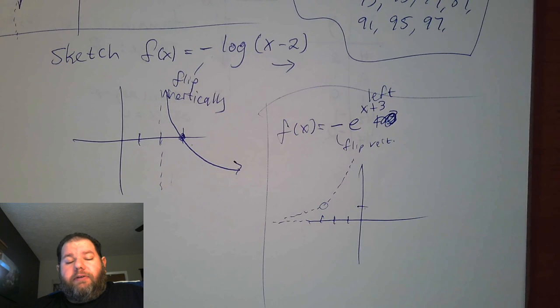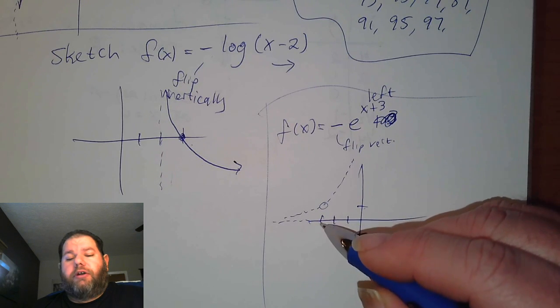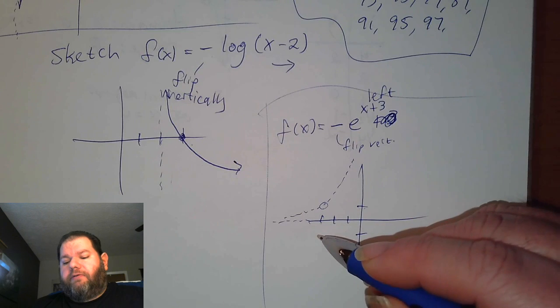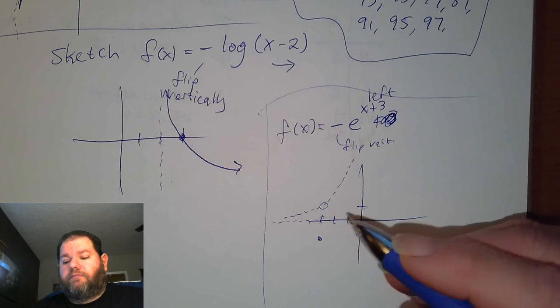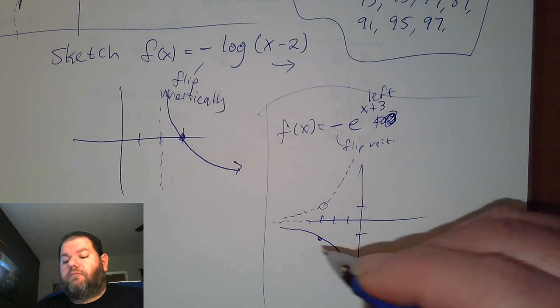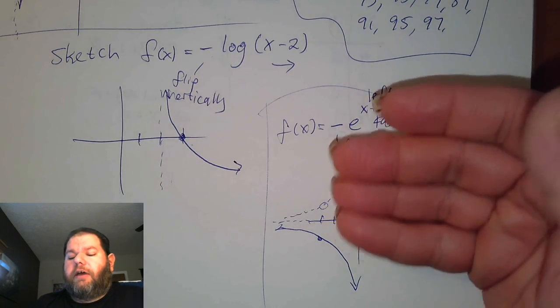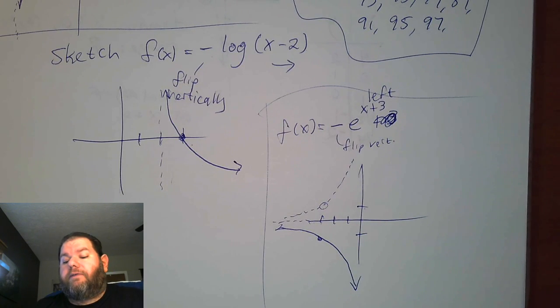So when we flip this graph vertically, since this point starts 1 above this line, when we flip it down, it's now 1 below this axis. It's like we're taking the top half of the graph and folding it down to the bottom half.